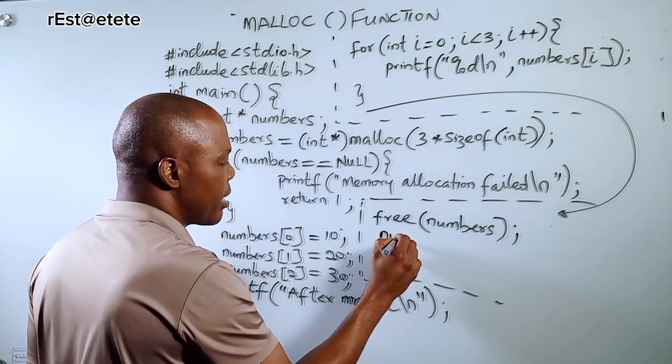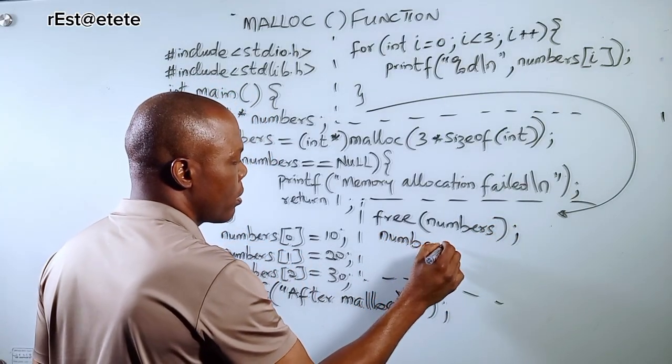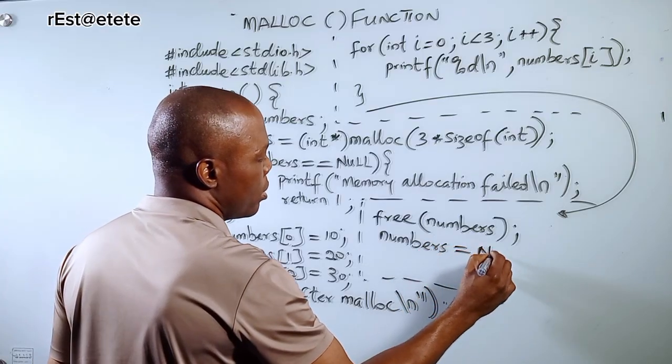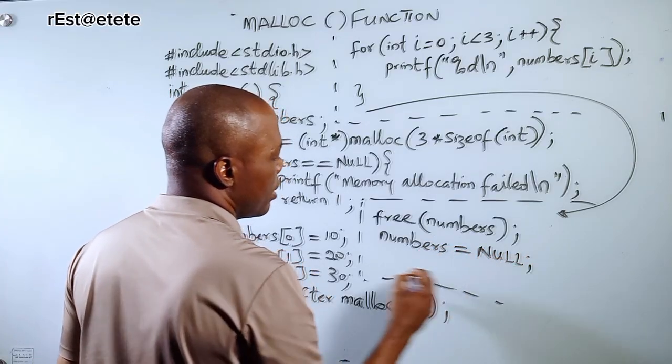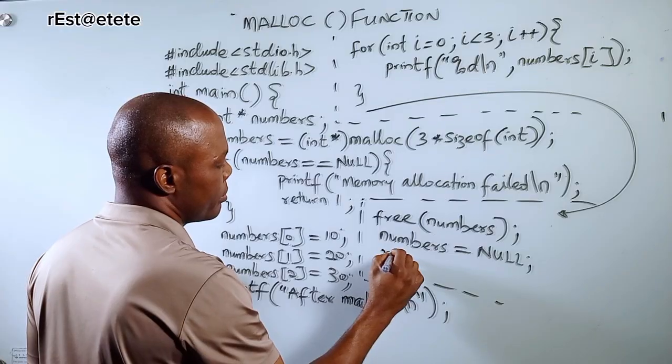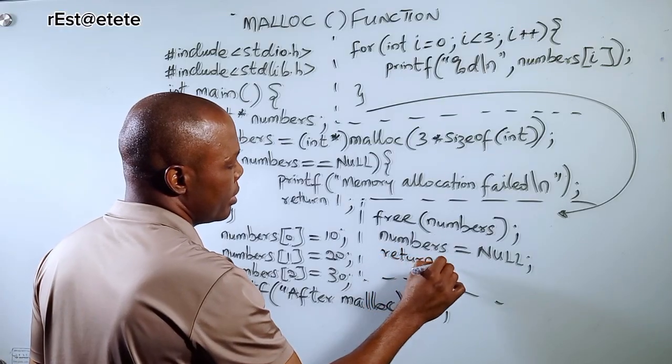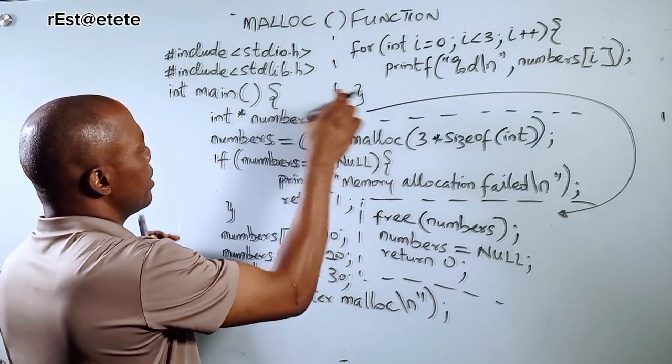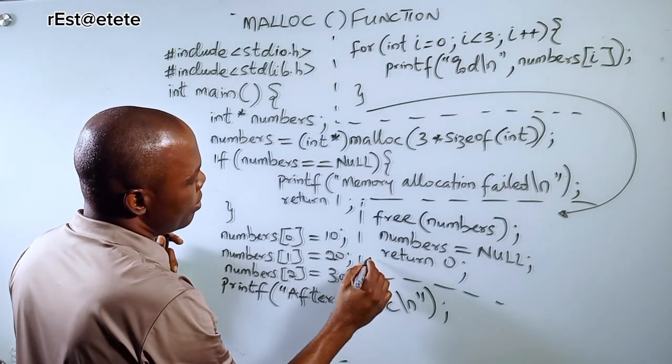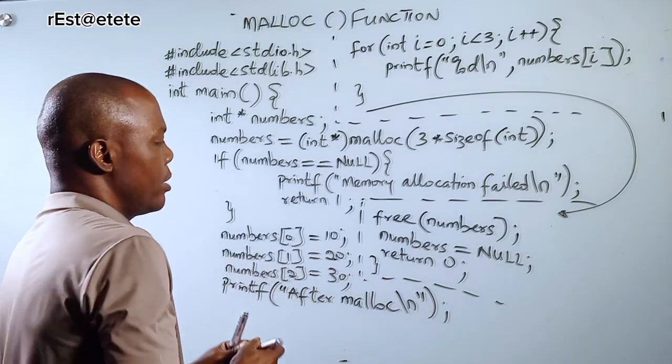Then I will set numbers to NULL. Then I will say return 0. That is the end of my program. Then I close this curly bracket here. So this is my program.